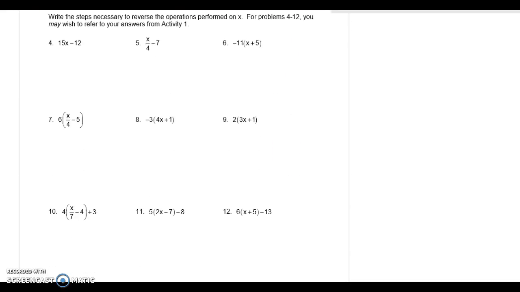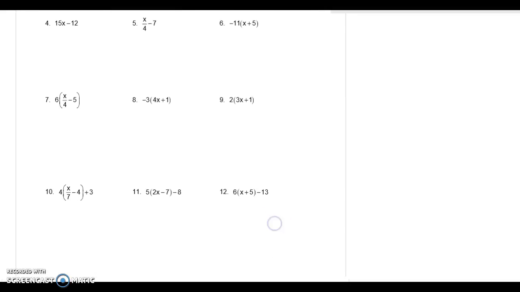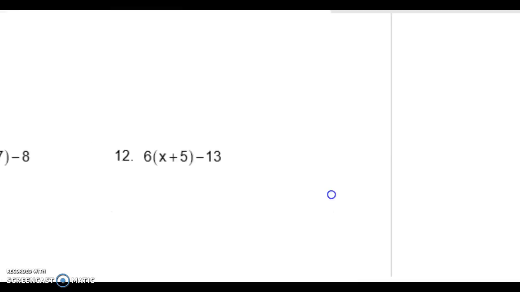So let's take a look at one of the more complicated ones. Let's do one that we haven't done yet, number 12. If we look at x, there's nothing in front of that x other than the parentheses. So if we were trying to create this expression, what we would do first would be to add 5.